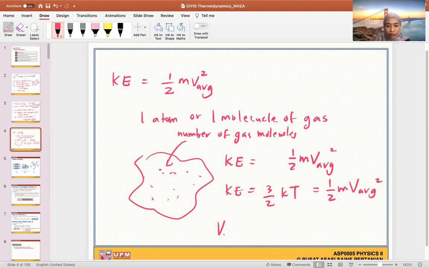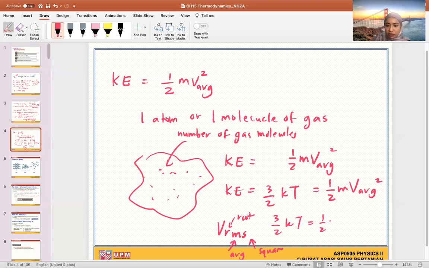So if I want to find out VRMS, I have to include a root. This is the average. This is the square. Okay, root, mean, square. So this is already mean. This is already squared. I have to put in a root there to find out VRMS.